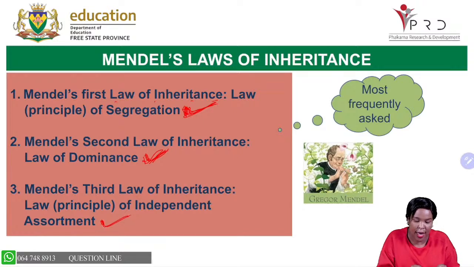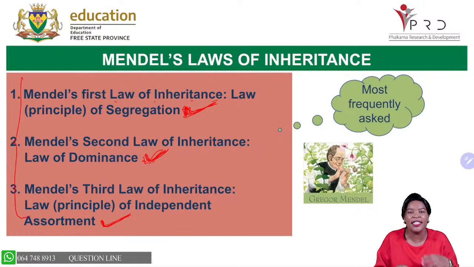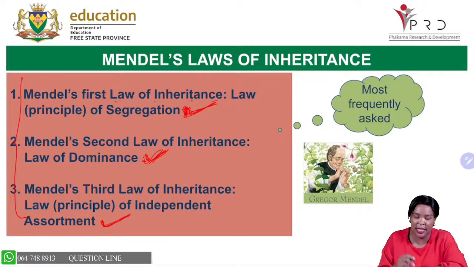So those gametes are going to assort independently, irrespective of where the other one is. So he studied genetics and came up with these laws. We see these laws when we are doing a genetic cross. We practice all three laws. You will see them in practice, but be able to mention them.